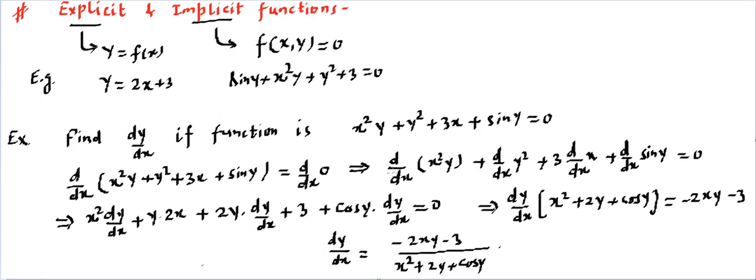Whenever there is x, differentiate x with respect to x by using the normal rule. Wherever you are differentiating y, differentiate y first and then multiply by dy upon dx, because that's going to come as per the chain rule. And then you simplify all of it, collect this dy upon dx on one side and then find its value. I hope you have got the idea. So whenever you get this kind of implicit function, you are going to differentiate in this way.